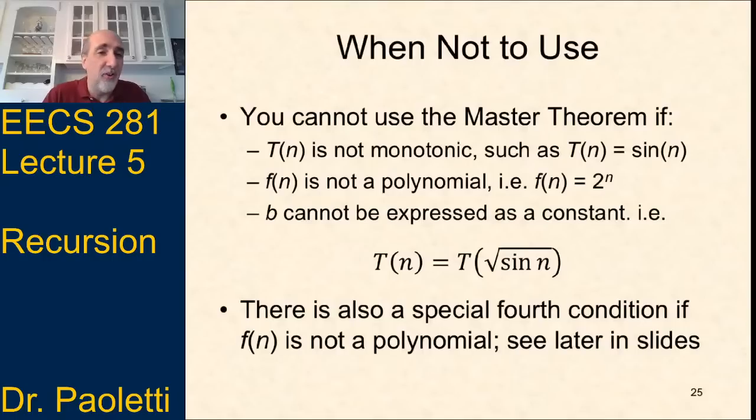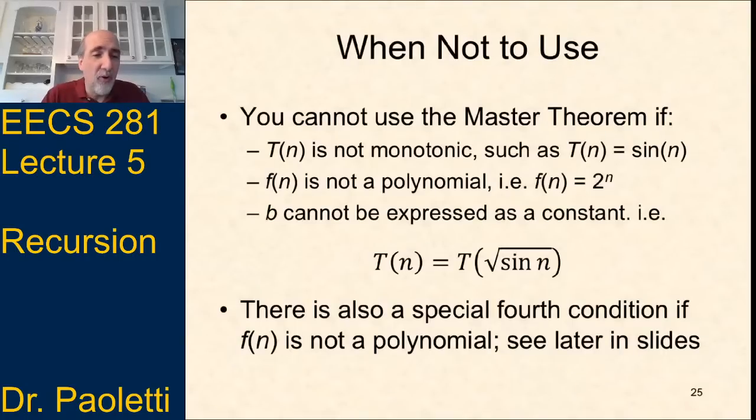So when can't we use the master theorem? We can't use the master theorem if n is not monotonically increasing. We can't do it if f of n is not a polynomial. So if f of n is an exponential amount of work, the master theorem falls apart. If we can't express b as a constant, so if we can't say T of n divided by some number, then we can't do it.